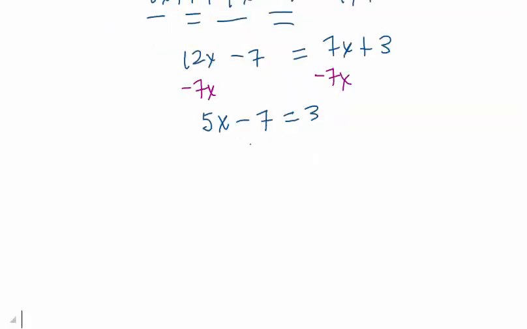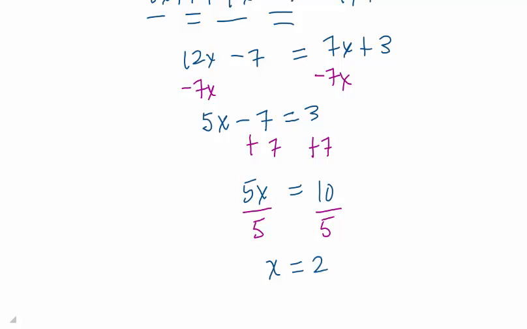Add 7 to both sides. So we're left with 5x equals 10. And then the last thing is to divide both sides by 5. And we get x equals 2.